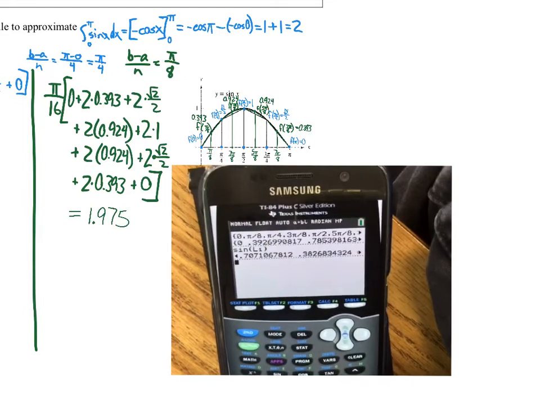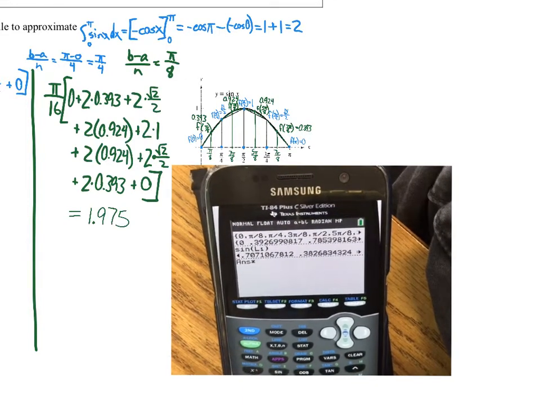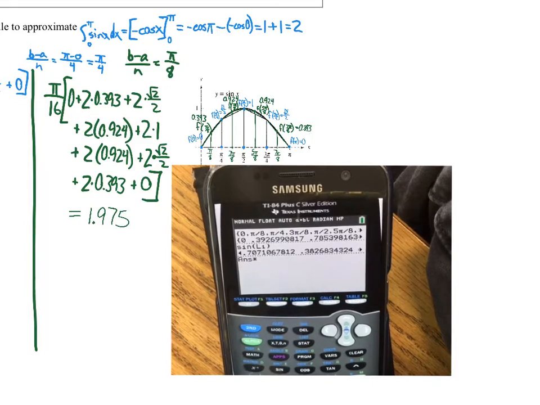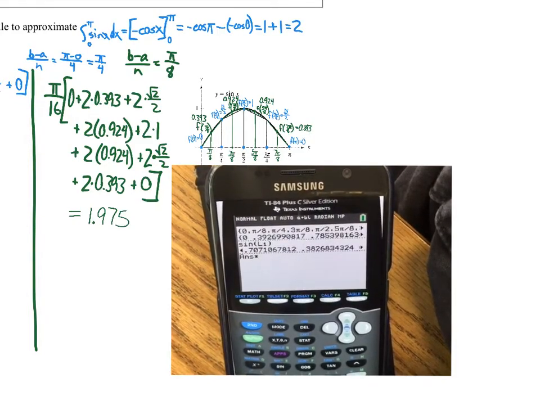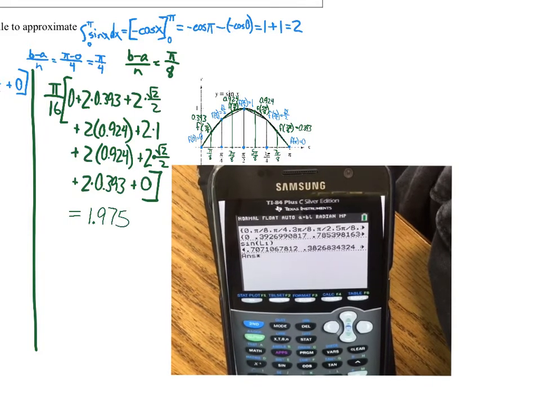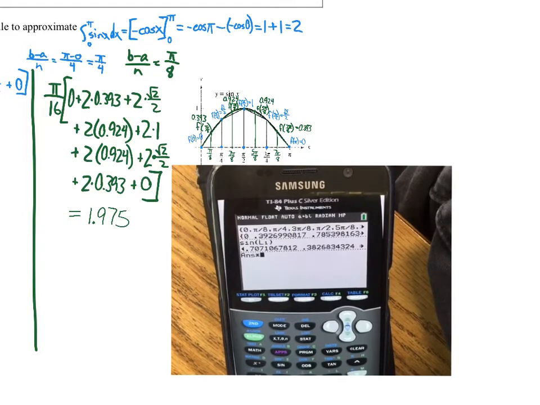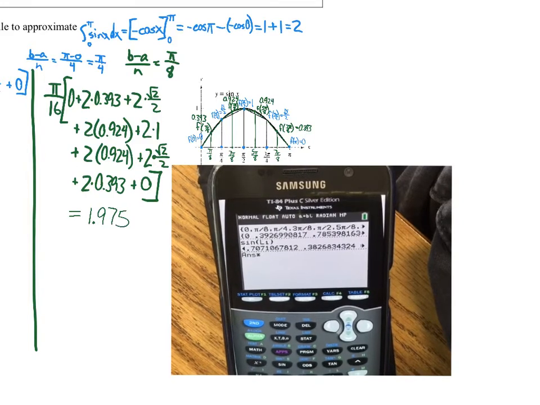So, I'm going to do times, and I'm going to multiply it by another list, okay? If I multiply a list by a list, or if I do any operation with a list by a list, they have to have the same number of things in each list.